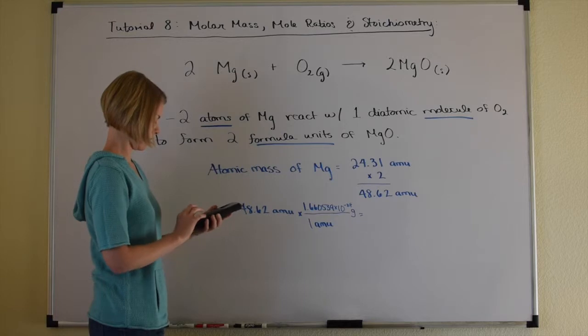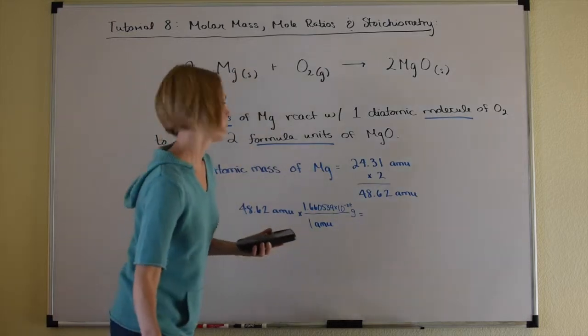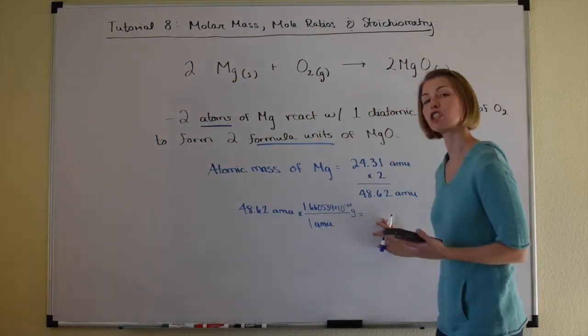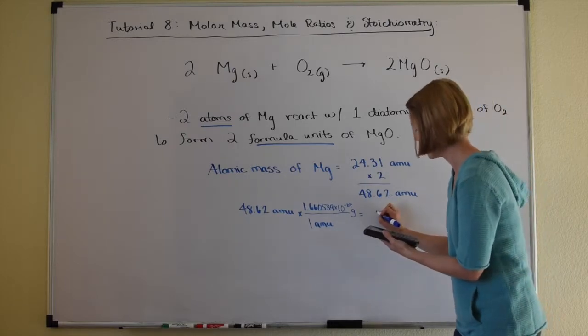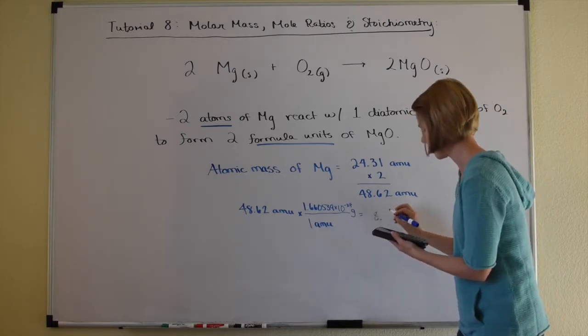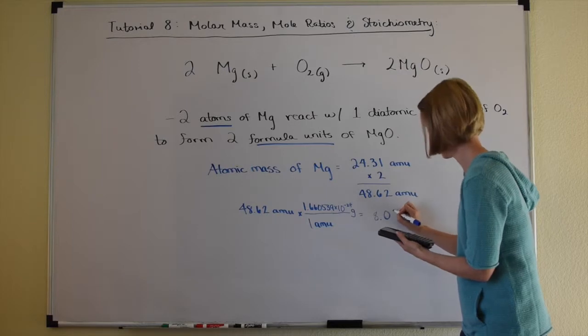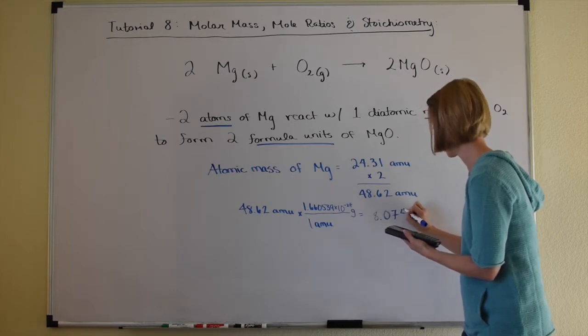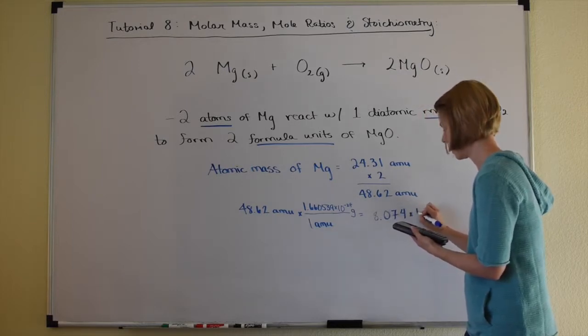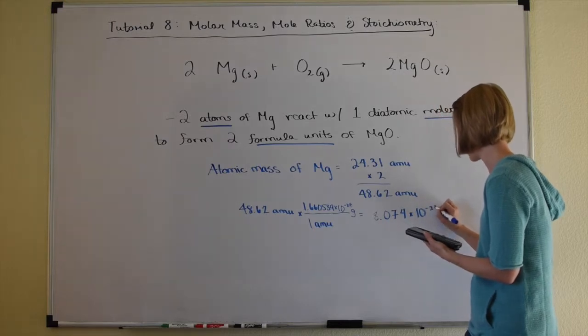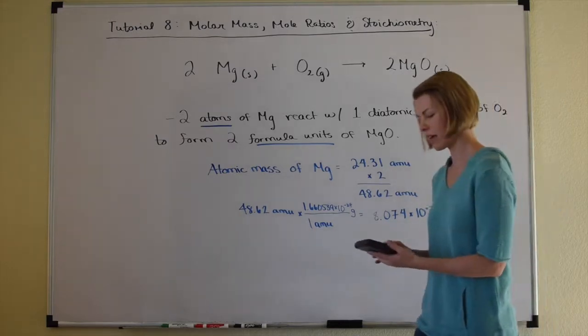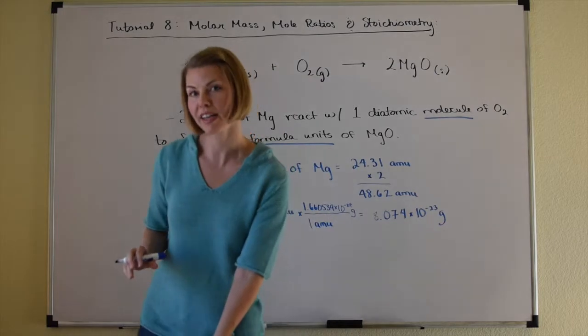The mass of just 2 magnesium atoms is 8.074 times 10 to the negative 23 grams. Take a minute to think about how small that is.